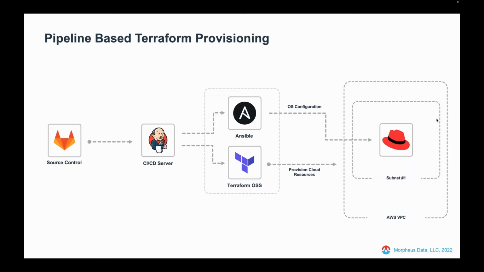At that point, you need to develop 5 or 6 different pipelines, and that's where it becomes cumbersome to enable those individuals to deploy their own infrastructure.